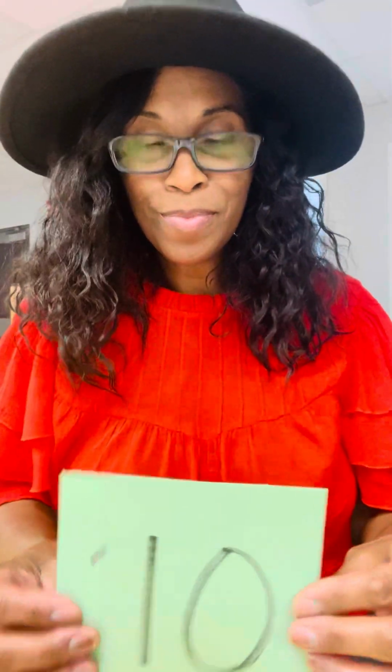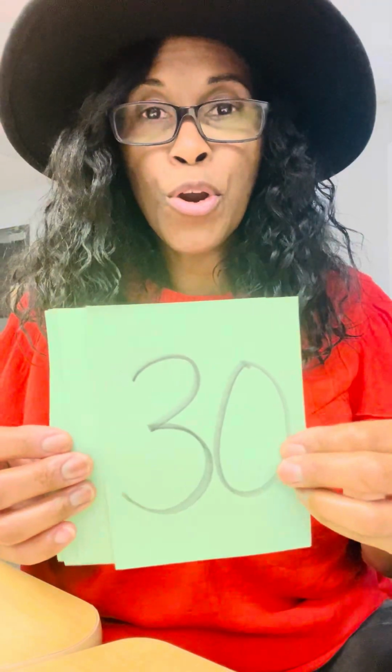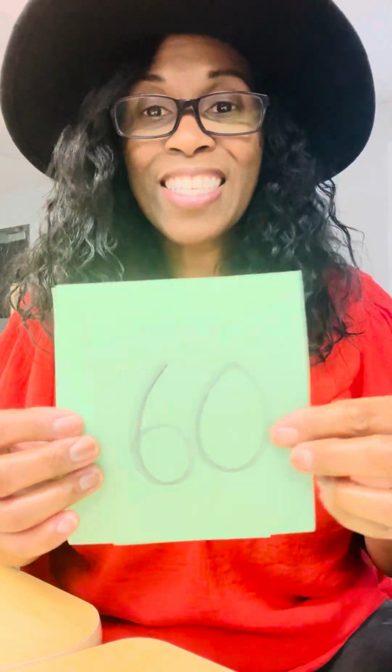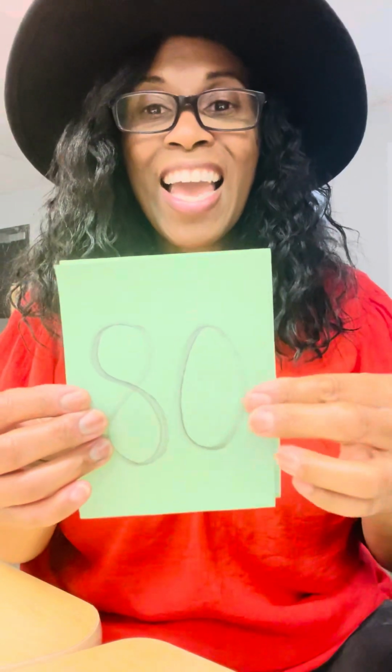Let's go. 10, 20, 30, 40, 50, 60, 70, 80, 90, 100. You just counted by tens.